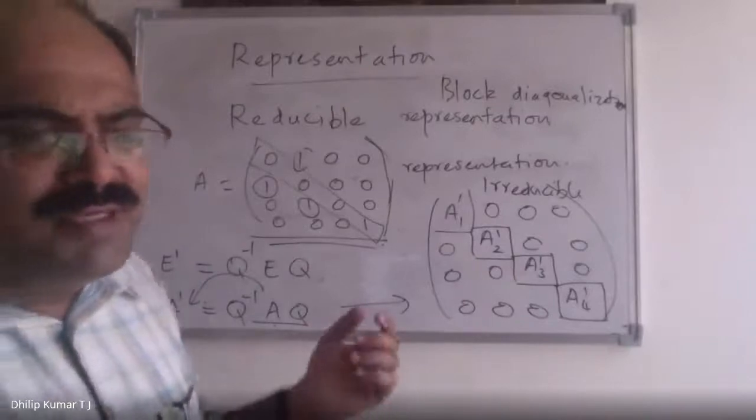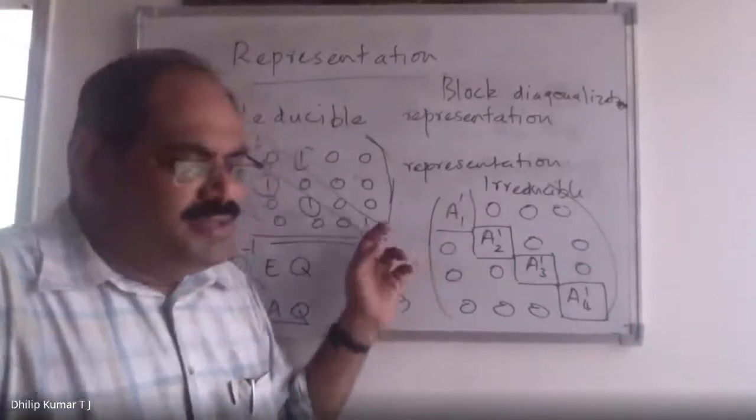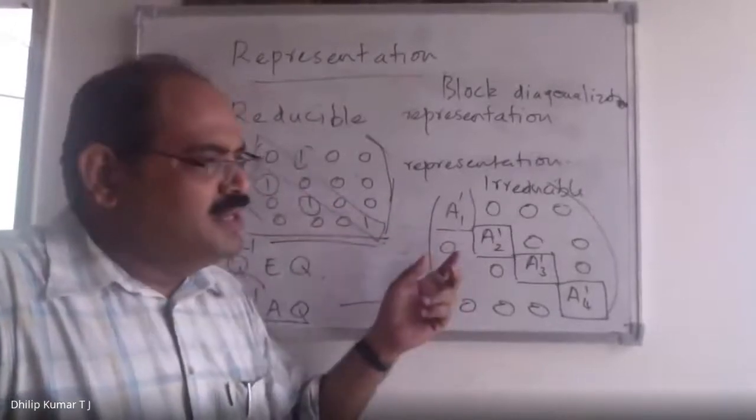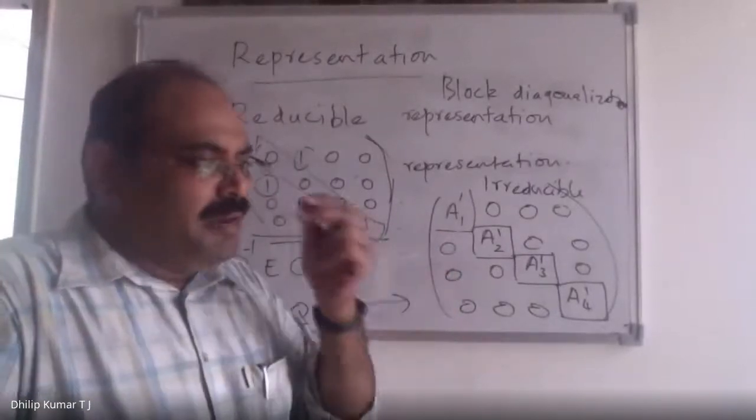If it is an irreducible representation of dimension 1, just a 1 by 1 matrix, then we call it a one-dimensional representation.